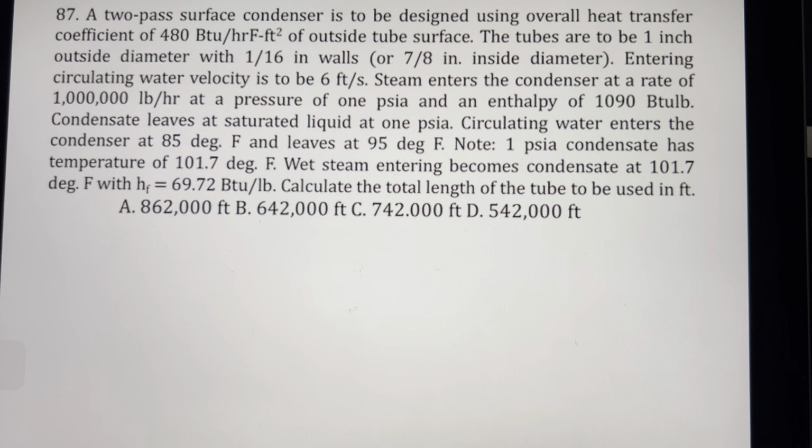Okay, a follow-up question. This time, calculate the total length of the tube to be used in feet. So we are required to calculate the whole length of the tube used in this surface condenser. Okay, we know this is a heat exchanger. So for a heat exchanger, we have a general formula of Q is equal to UA delta T, where Q is the heat transferred from one fluid into another.